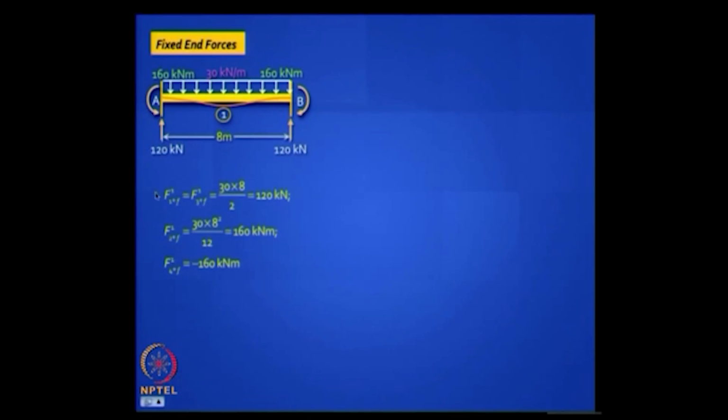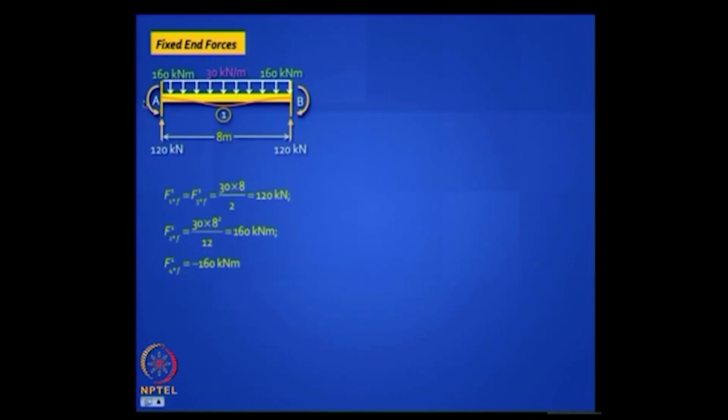The left one corresponds to F1 1 star F, the next one corresponds to F1 3 star F. This 1 refers to the element 1, this 1 star refers to the first coordinate, 3 star refers to the third coordinate, and your two fixed end moments will be given by WL squared by 12.